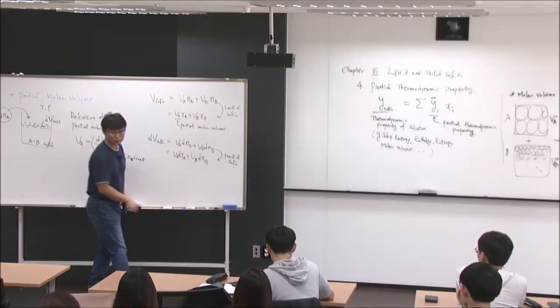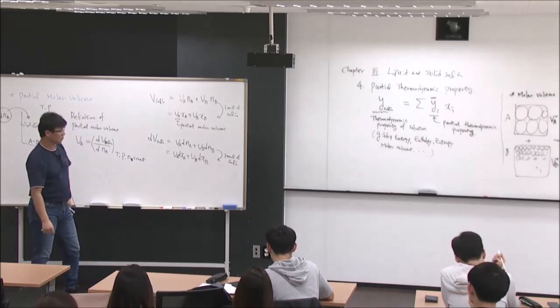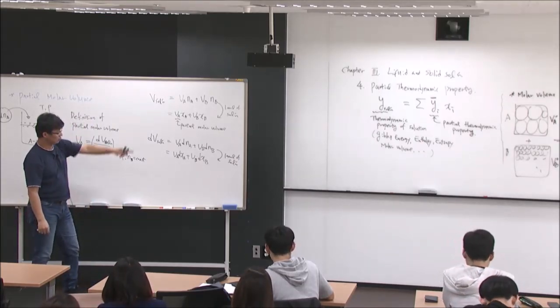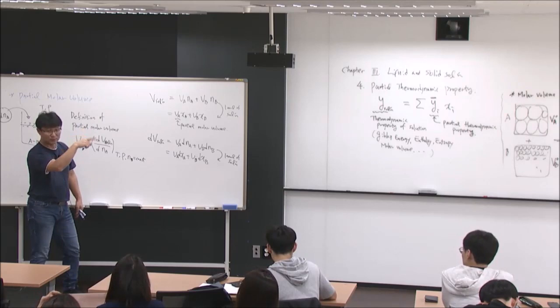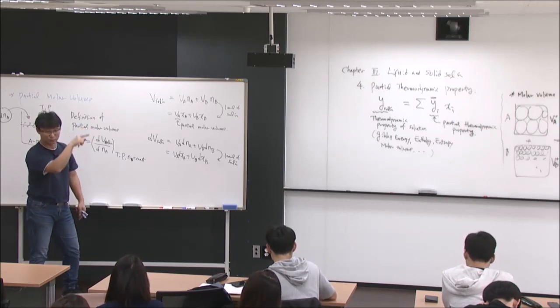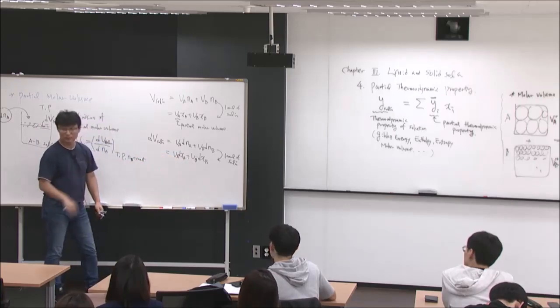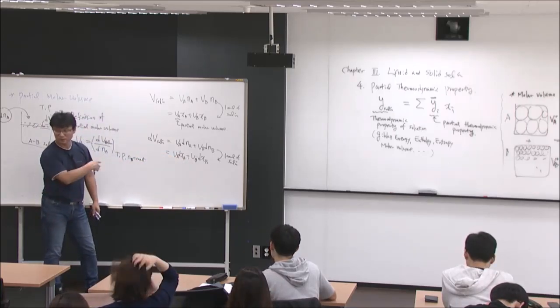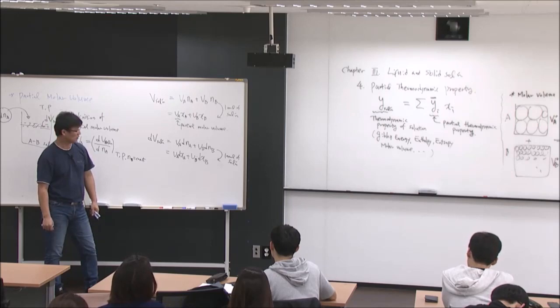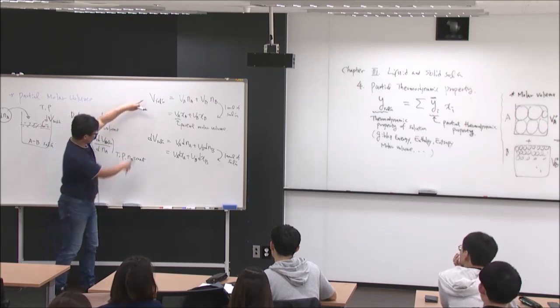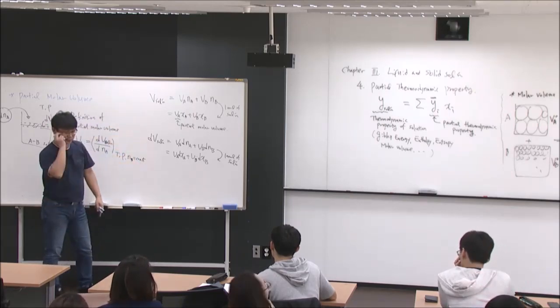It's the same, okay? When you say VA not, it means the pure A molar volume, pure B molar volume. All these symbols are partial thermodynamic properties, partial molar volume in this case, of species in the system.